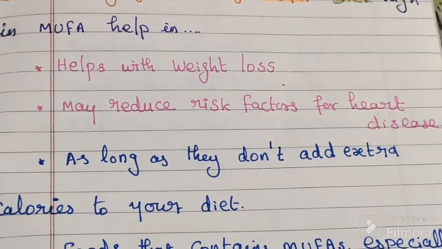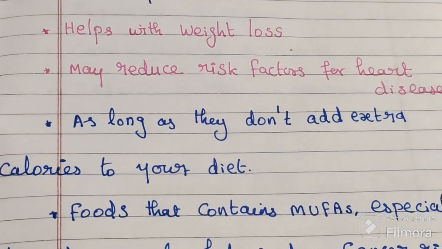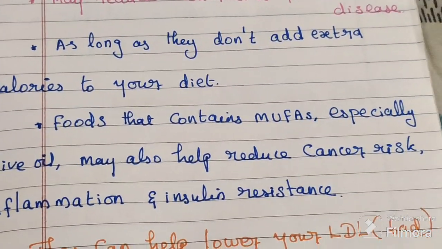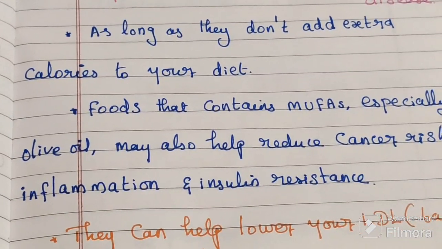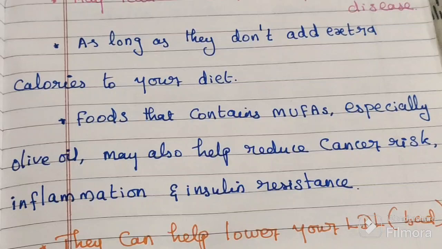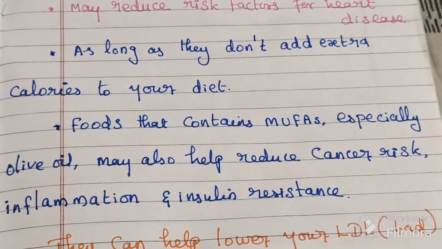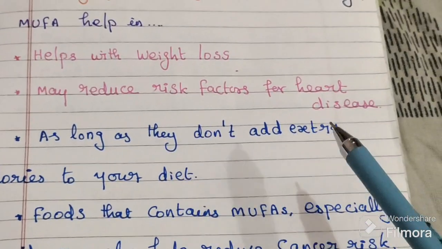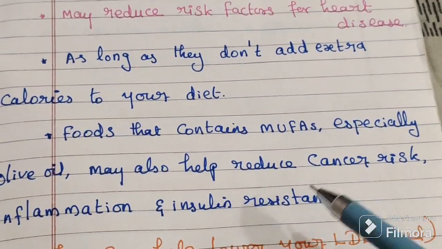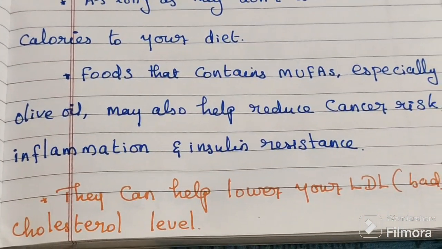As long as they don't add extra calories, foods containing monounsaturated fatty acids, especially olive oil, may also help reduce cancer risk, inflammation, and insulin resistance.